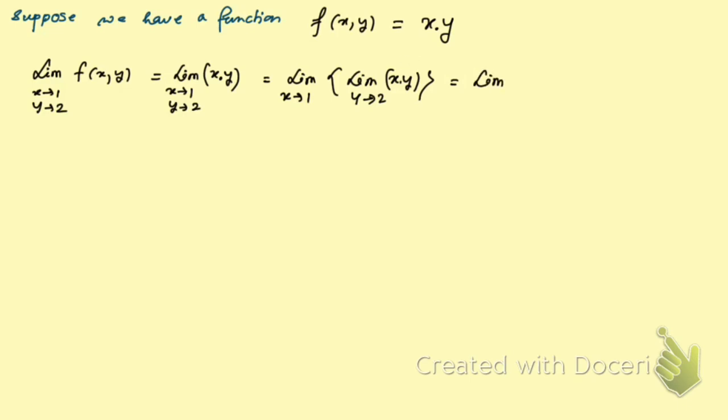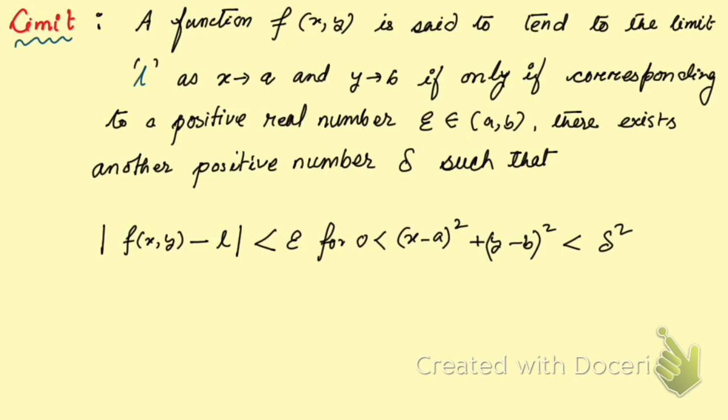Then we get limit x tends to 1 of twice x. When you put y is equal to 2 and evaluate this limit, you get twice x, right? Now if you put x is equal to 1, it is going to be equal to 2. So now let me explain the definition of the limit that we have written here.